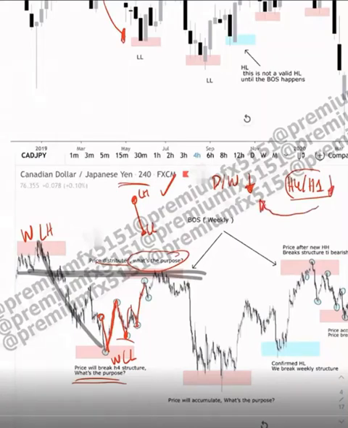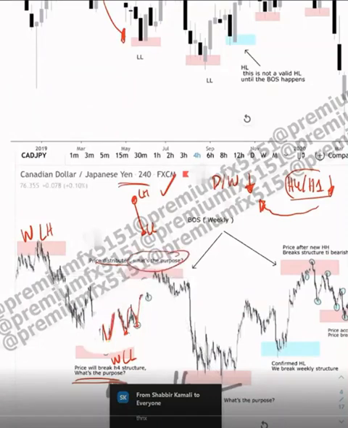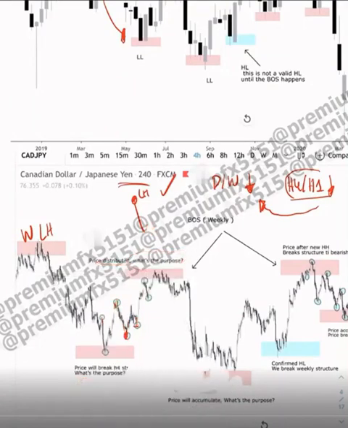So now when I sell the market, I know I can put my take profits below this low here, thinking that my higher time frame will create a new impulse, being a new lower low. So I'll be selling at the highest point possible, being my lower high on the higher time frame that would actually create a new lower low. Okay, so let me erase all this for a second to move on.